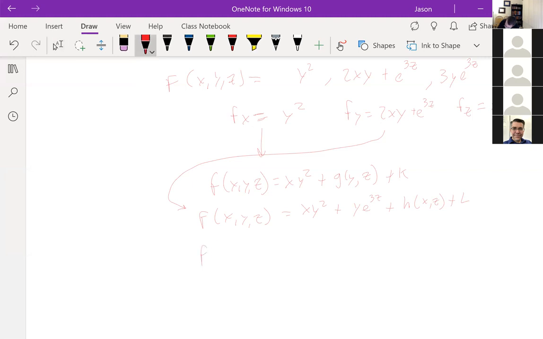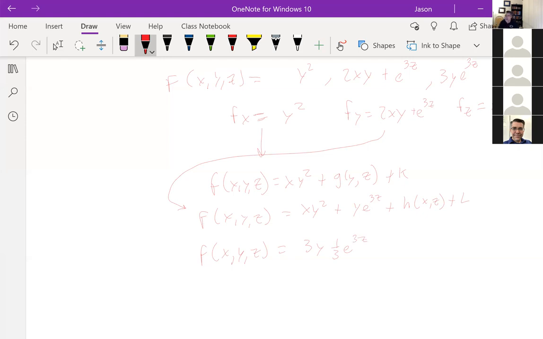And then the other one here is 3y e to the 3z. 3y just counts as a constant, so it's 3y times e to the 3z. If we integrate that, we're going to end up with a 1/3, so this is 1/3 e to the 3z.